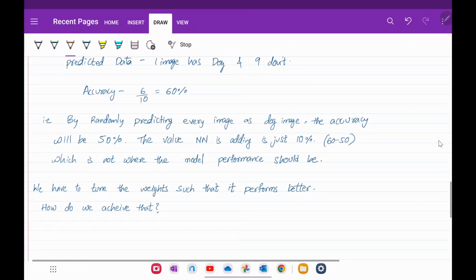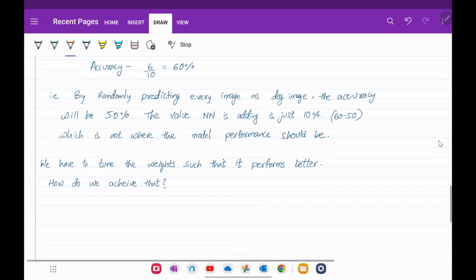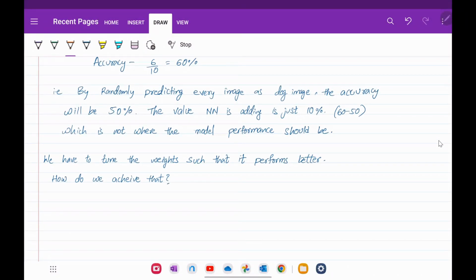So the neural network is adding just 10% value. That is, it is slightly better than a random model. So this is a good starting point, but this is not where we want to end up. This is not a product that we can use to classify the images.